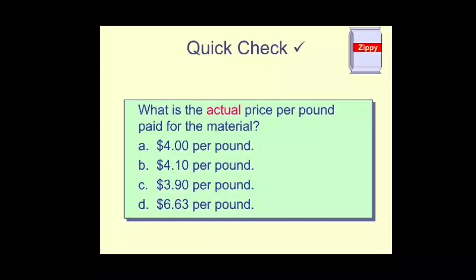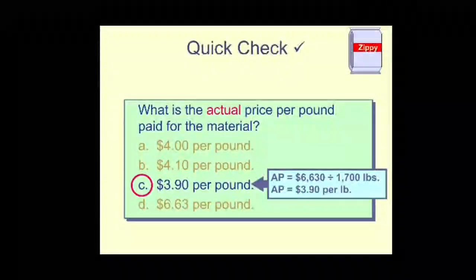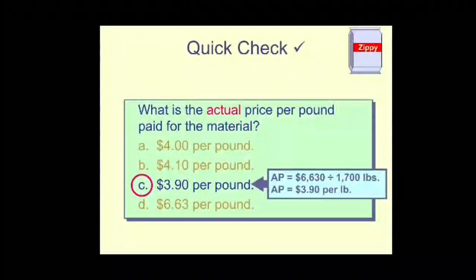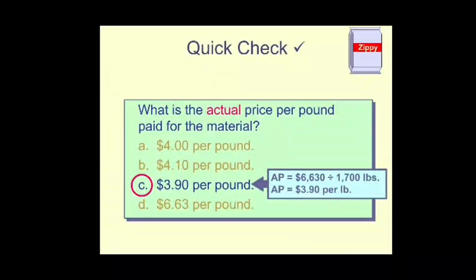So what is the actual price per pound paid for the material? This is easy. It is $6,630, the total price of the material, divided by 1,700 pounds. So the answer is $3.90 per pound.